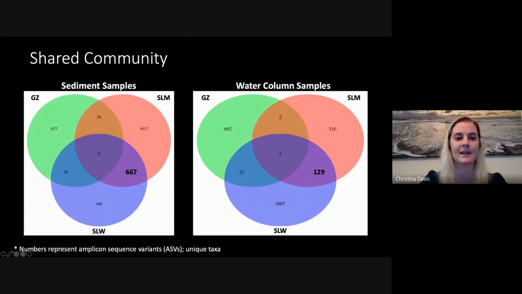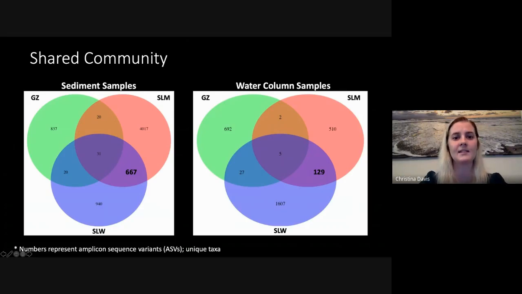This could just be that we have a lot more samples, and also going further down depth-wise within the cores. But when we look at the water column, there aren't as many shared taxa, and the water column is more rich in the Whillans than in the Mercer.